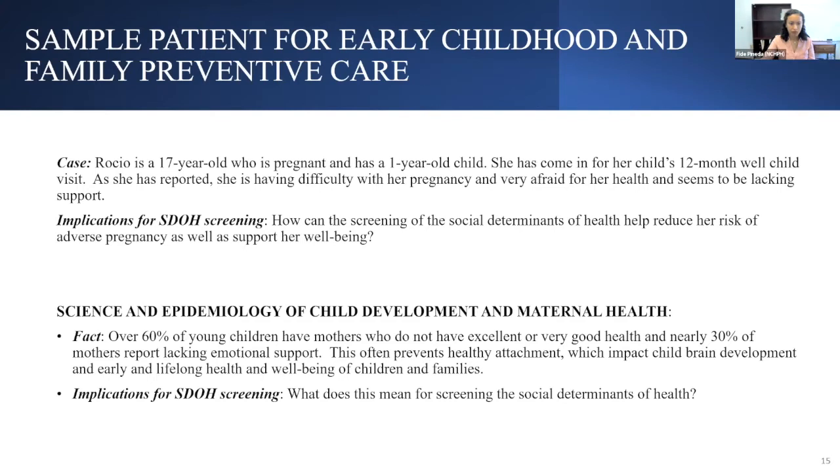This often prevents healthy attachment, which impacts child brain development and early and lifelong health and well-being of children and families. Now, the implications for SDOH screening. Question is, what does this mean for screening the social determinants of health? Back to you.